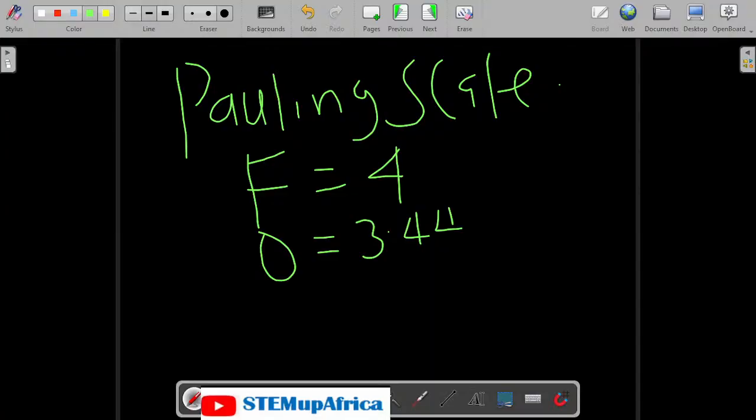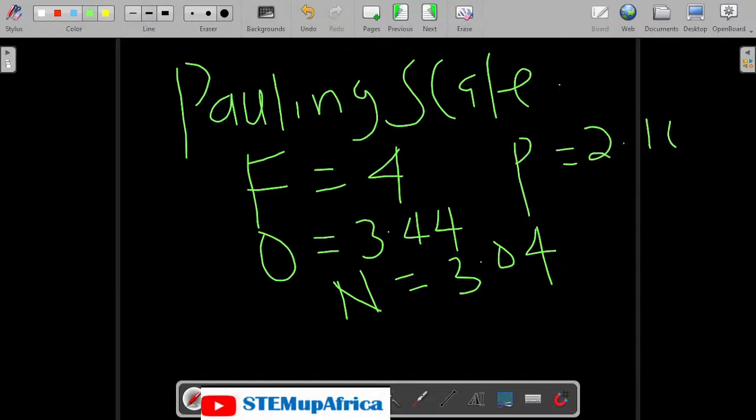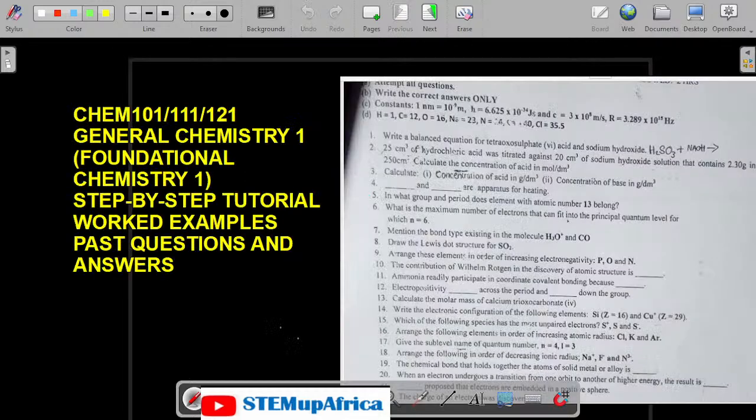Then nitrogen is 3.04. Then which other one? Phosphorus is 2.10. We also have the likes of chlorine. Chlorine is 3.16. Let's go back to the question and see whether it's increasing or decreasing. It says in order of increasing.